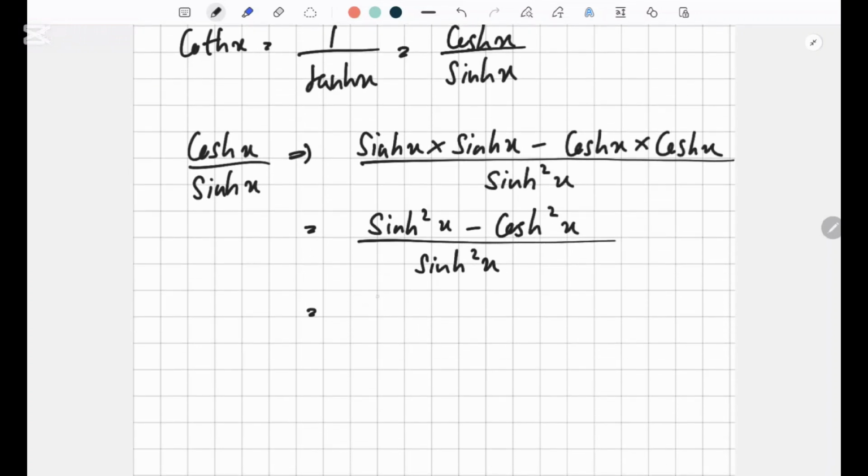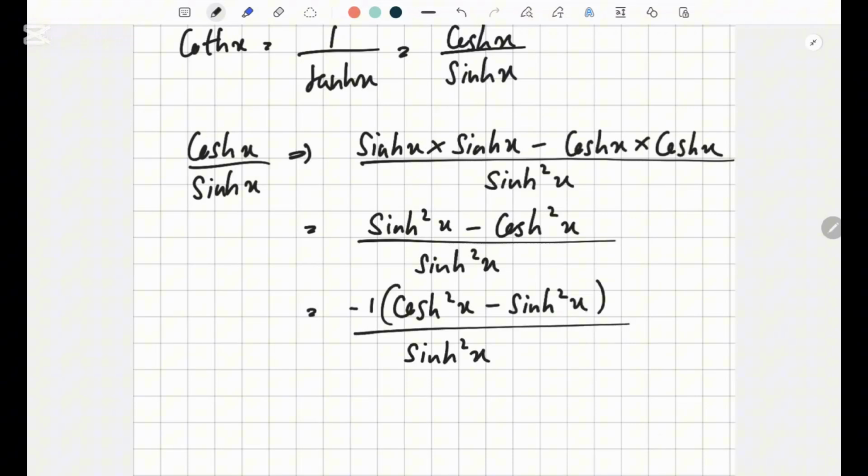The numerator you can rewrite as minus 1 into cos squared x minus sin squared x over sin squared x.